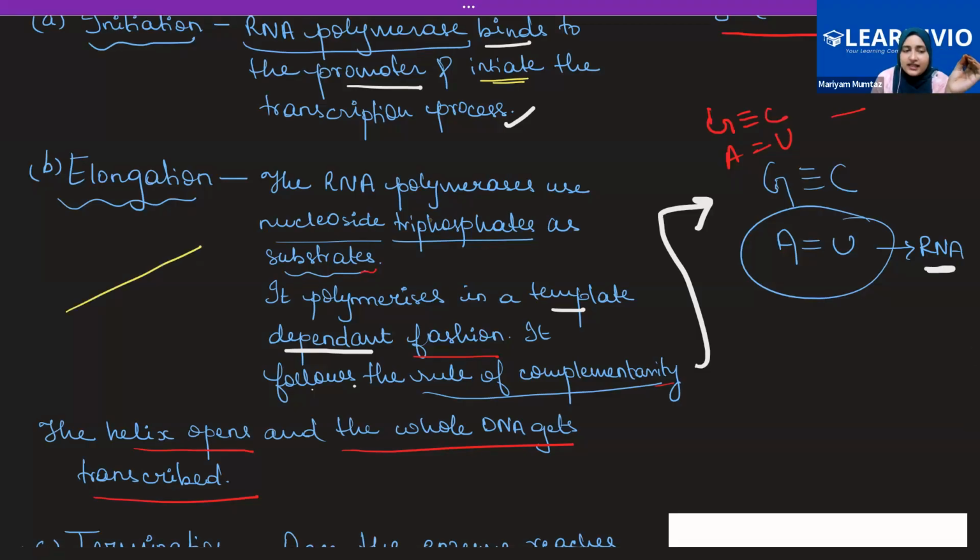For example, if this is the DNA molecule and it has G, T, C, T, G, all the sequences, against this the mRNA will be synthesized. And always remember the rule of complementarity will be followed. But instead of thymine, which nitrogenous base is going to be present in the mRNA, students? Uracil. Uracil, right? Everyone remembers this?